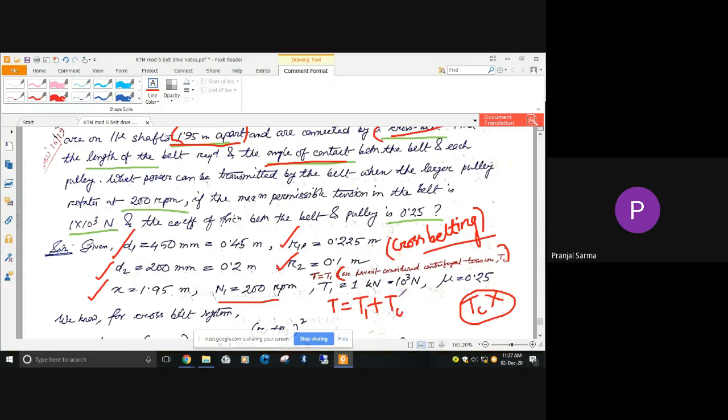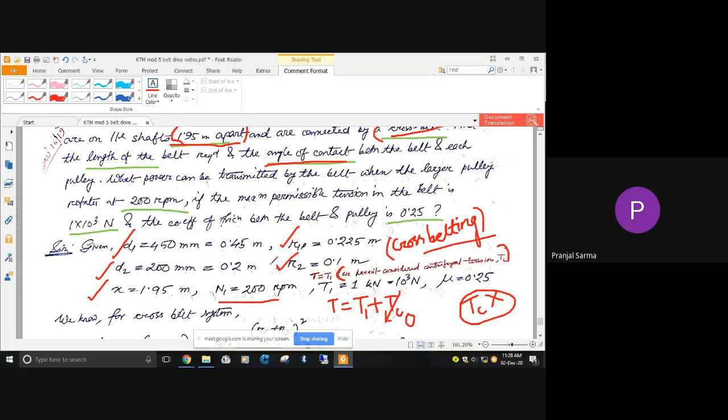Now we have not considered the centrifugal tension, so it is zero. You just mention it because nothing is said in this question about considering it. Also, it is rotating at only about 200 rpm, which is still in the lower speed range, so we can neglect it. But if it were like 1000 rpm or so, then you should not neglect it.